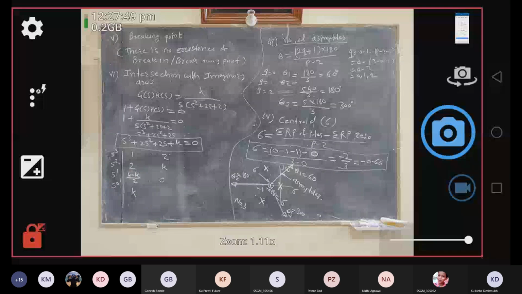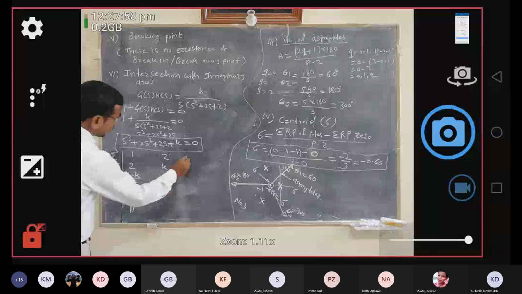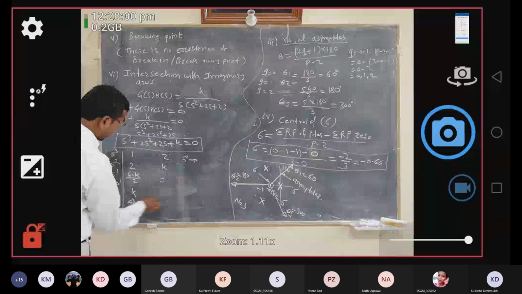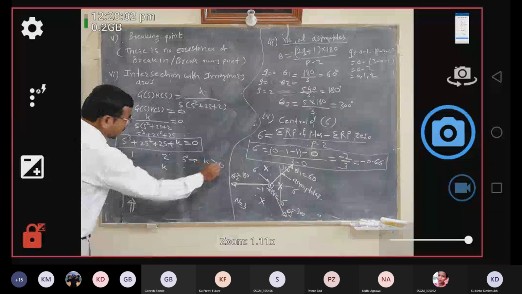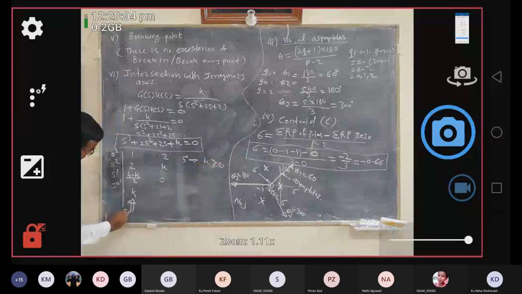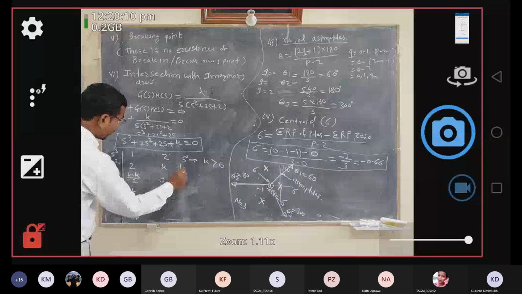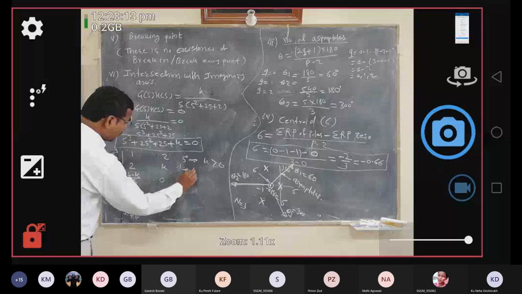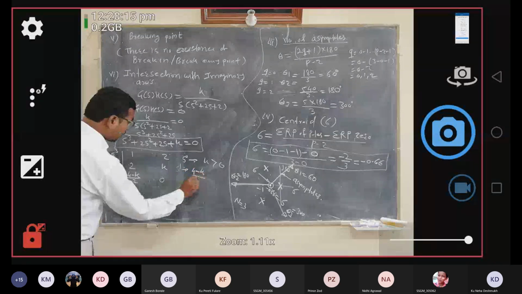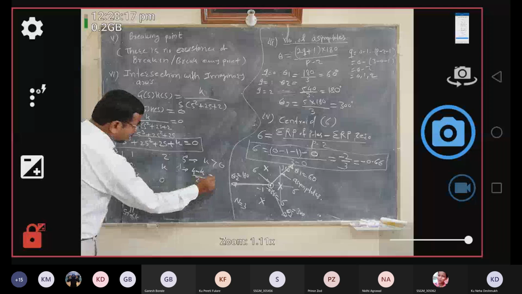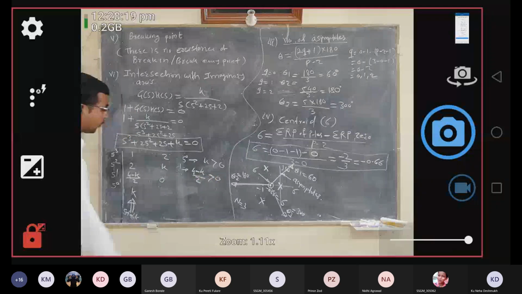Okay, so we know that all the elements in the first column must be positive. So for that purpose, the element corresponding to S raised to 0 is K, so the value of K must be greater than 0 for the system to be stable. Then corresponding to S raised to 1, the element is 4 minus K upon 2, which must be greater than or equal to 0.